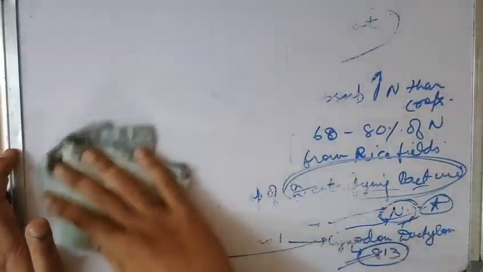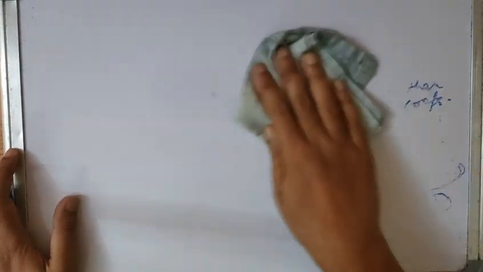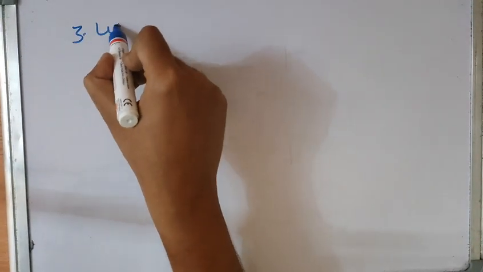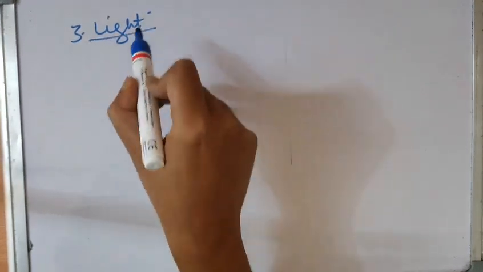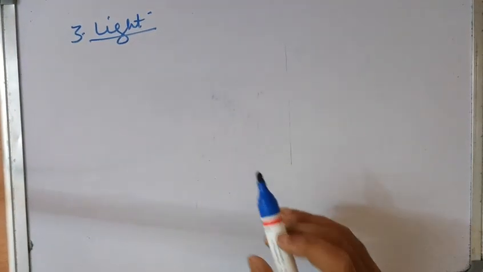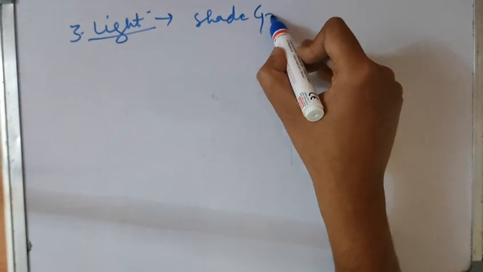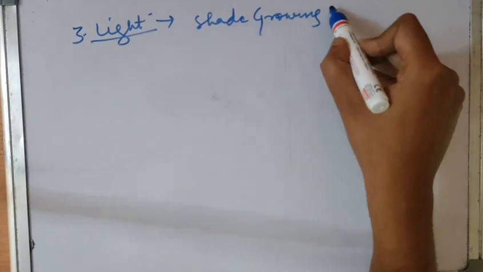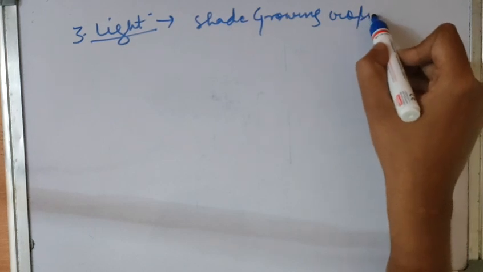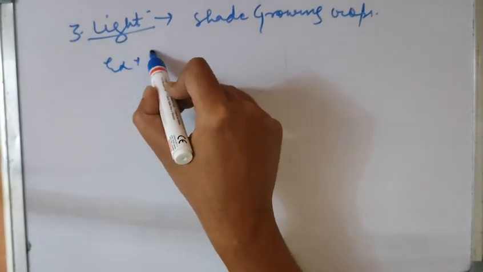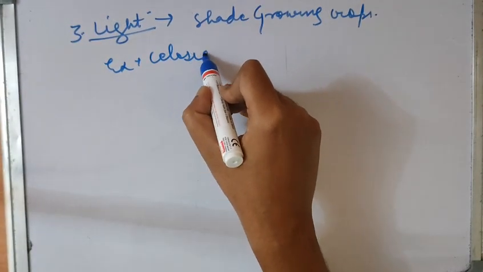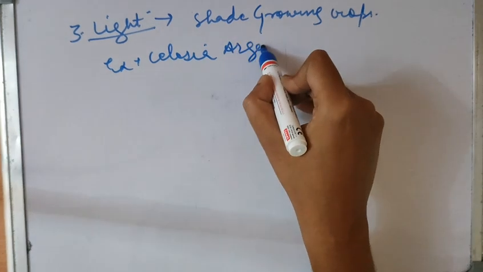Now moving on to the other factor, that is light. We know some weeds shade growing crops. For example, you can give Celosia argentea.